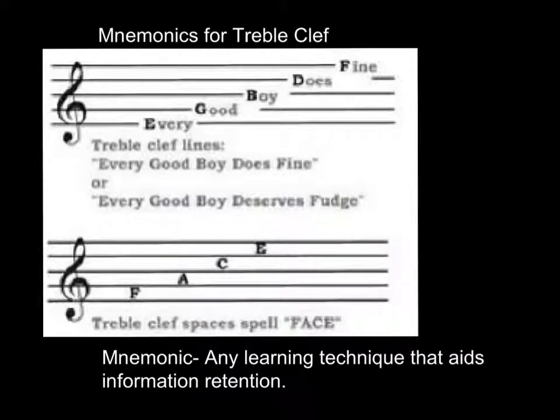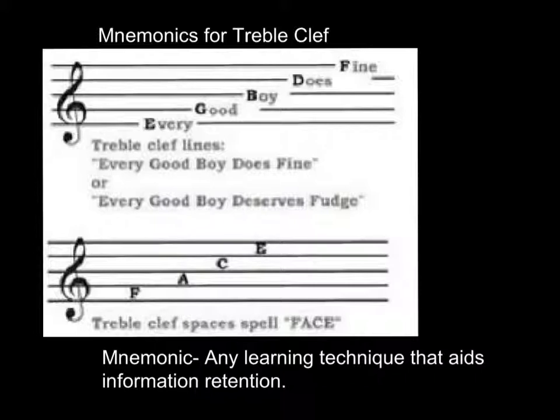Now, a phrase that we use, mnemonics, is something that we use, as we were talking about previously, to help you memorize the names of the lines and spaces on the treble clef. And mnemonics is basically defined as any learning technique that aids information retention. So in this case, these phrases are helping us memorize the lines and spaces.